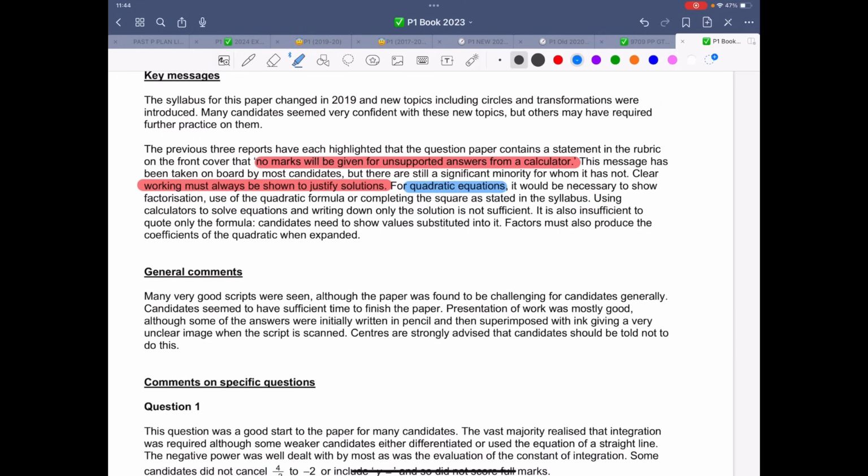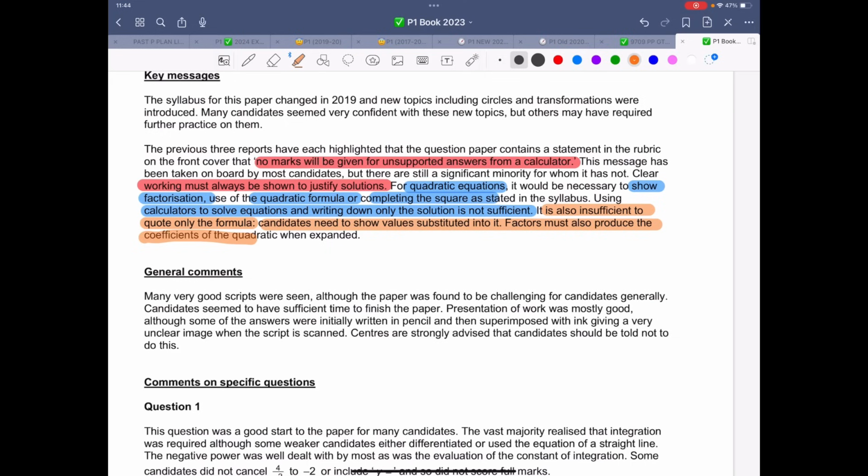For a quadratic equation, it would be necessary to show factorization or the use of the quadratic formula or completing the square, as stated in the syllabus. Using a calculator to solve the equation and writing down only solutions is not sufficient. Similarly, it's also insufficient to quote only the formula. Candidates need to show values substituted in it.